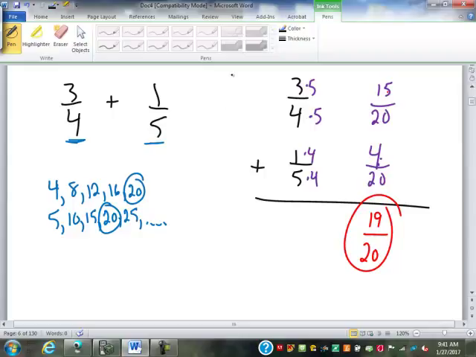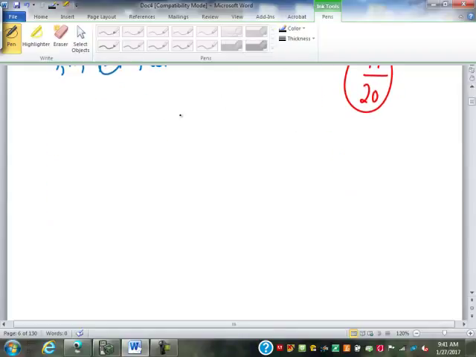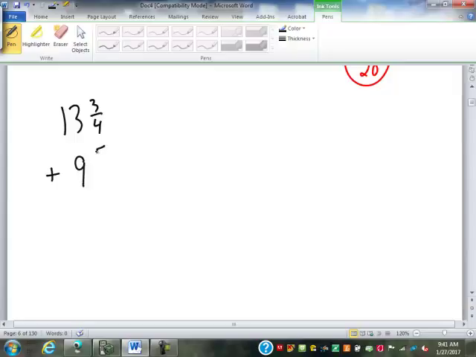Now, I'm not going to mess around with simple fractions too much. We're going to jump into mixed numbers here. So let's say I have 13 3/4 plus 9 5/6. We still need common denominators, so we have to change those fractions.